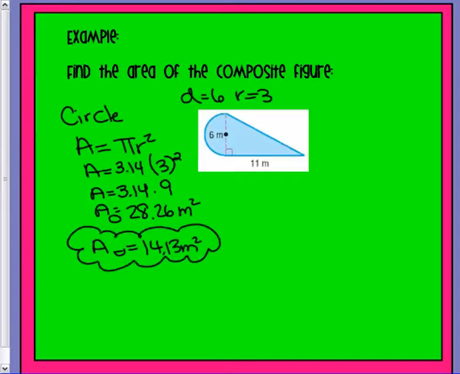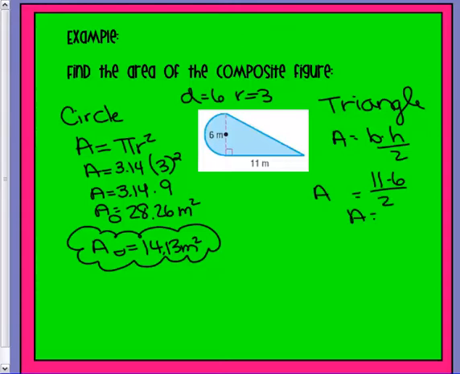Okay, so now we need to do the triangle. The triangle's formula is the base times the height cut in half. So the base is 11, the height is 6, and we're going to cut it in half. We know that 11 times 6 is 66. If we divide that by 2, the area of the triangle is 33. It's a full triangle, so we don't have to do anything crazy to it.